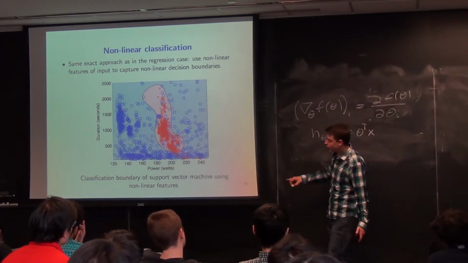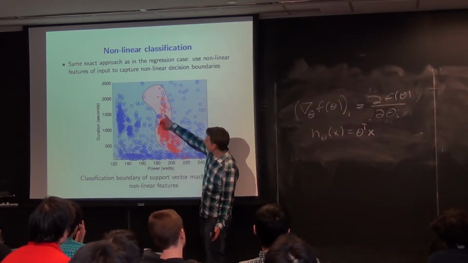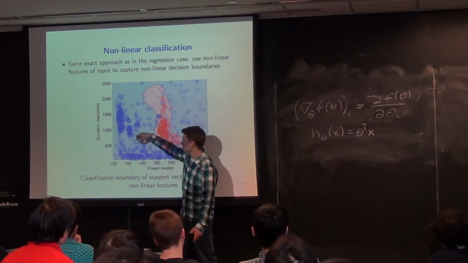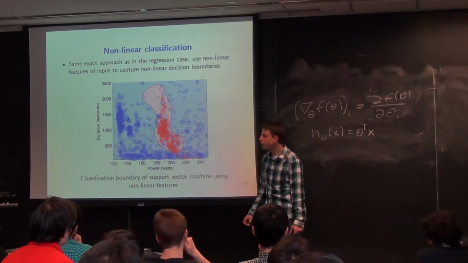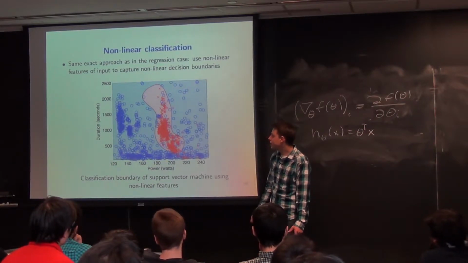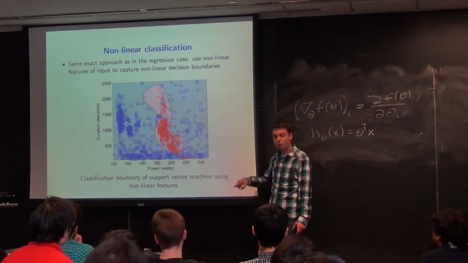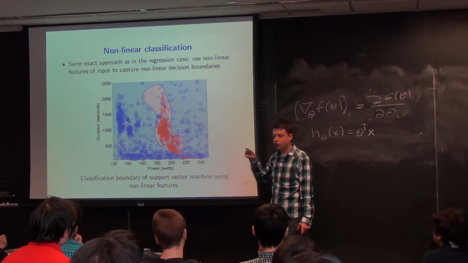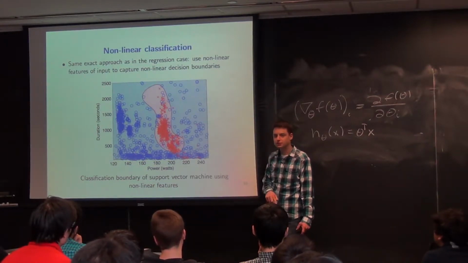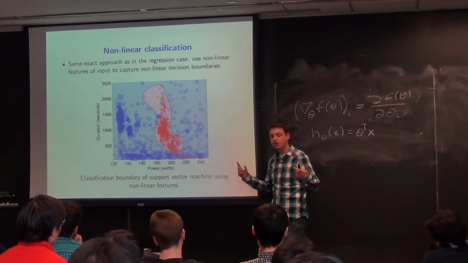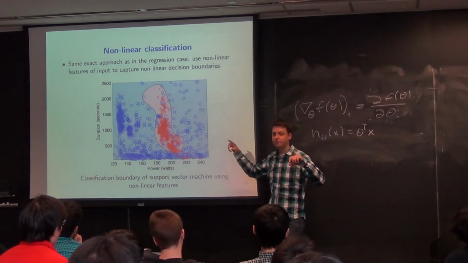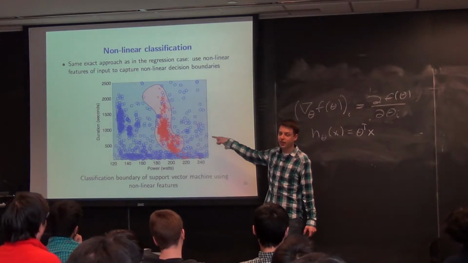So what I'm showing here now is a slightly different task where we're trying to classify a fridge versus everything else. The other fridge is here, but there's also other stuff all around it. And I'm showing you the classification boundary of a support vector machine that uses nonlinear features of the inputs. Remember, you can take things like polynomial powers of the input to get a nonlinear regression line. You can do the same thing for classification.